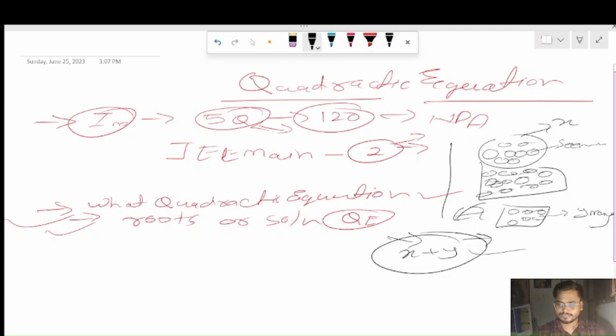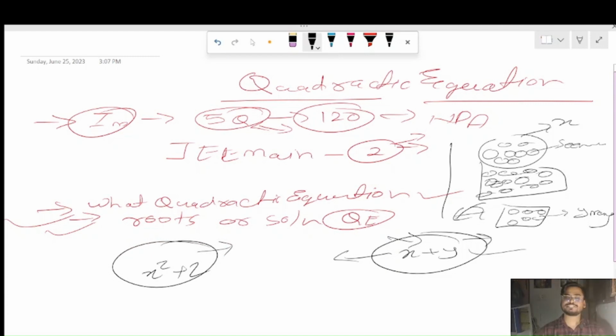This is a linear expression, because the maximum power of the variable in this expression is 1. If the maximum power in any expression is 2, that will be known as a quadratic expression, like x square plus 2.